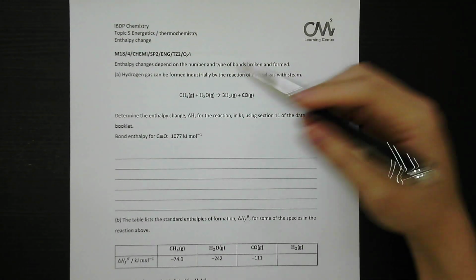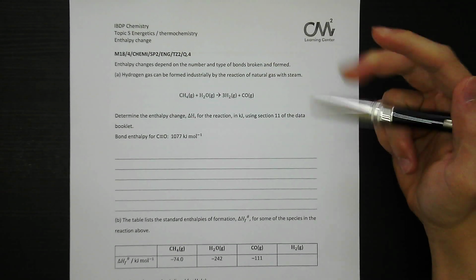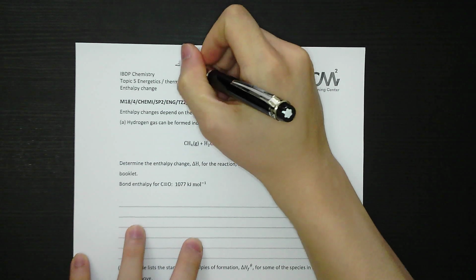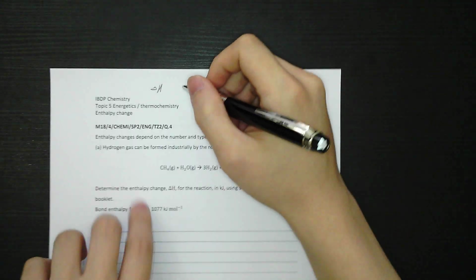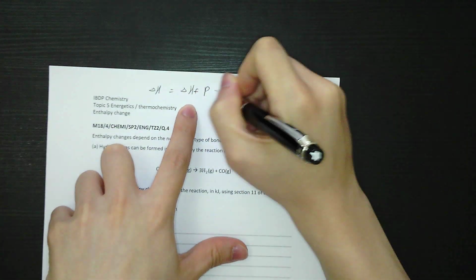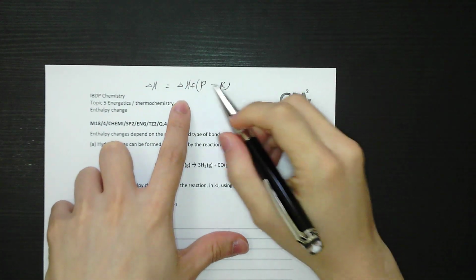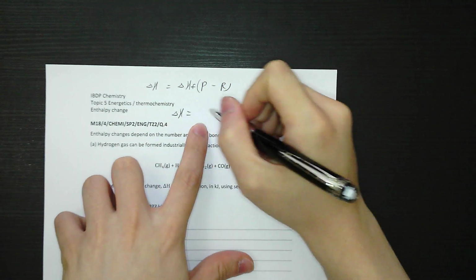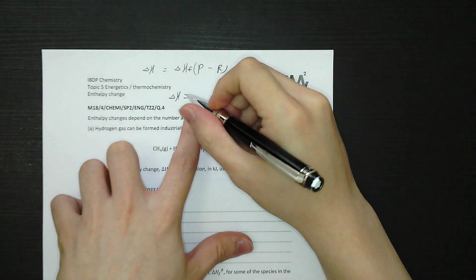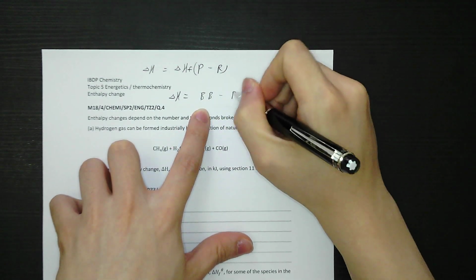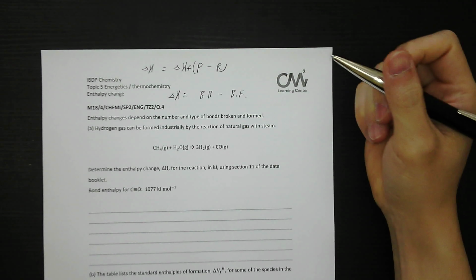In this topic, I would say there are two key formulas you should know to calculate the enthalpy change of a reaction. First, delta H equals the enthalpy change of formation of products minus reactants. The second one uses bond enthalpy to calculate the enthalpy change of a reaction: bonds broken minus bonds formed.